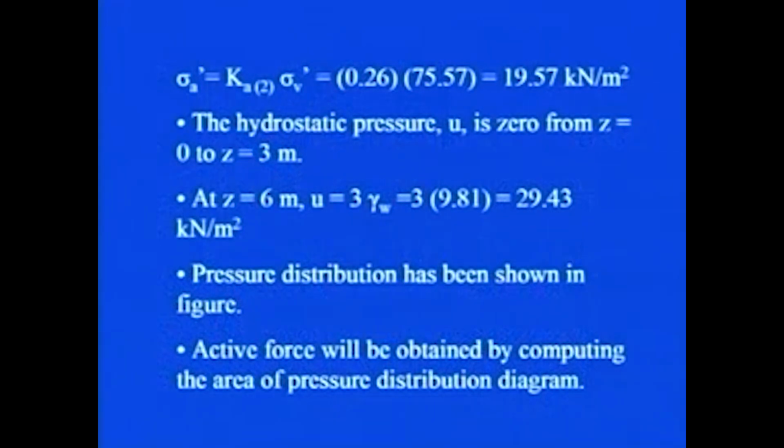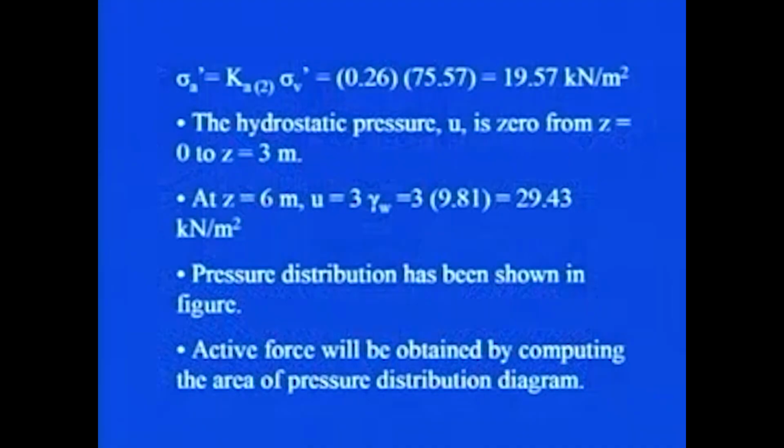But at z is equal to 6, U will be 3 into gamma W, and I have taken gamma W to be 9.81 kilonewton per meter cube, which results in 29.43 kilonewton per meter square. Now, these are all the stresses which will be acting upon the wall.